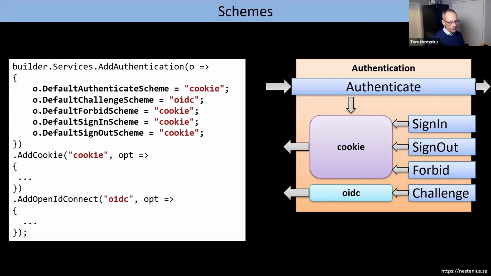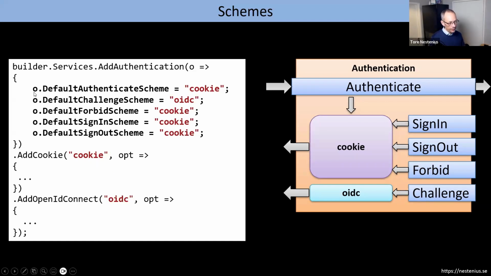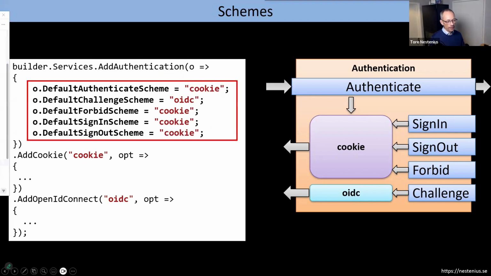So we can give each of the authentication handlers a name, for example, cookie in this case, and now IDC for OpenID Connect. And then up here in the add authentication configuration, you define which handler will handle each operation.